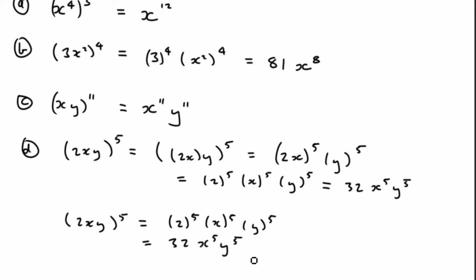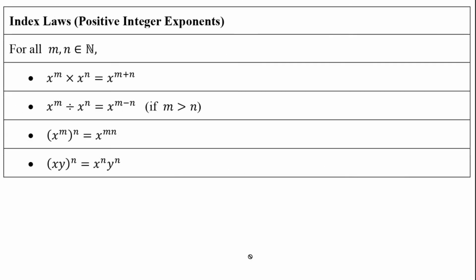This is an example of a rule which can be extended from just 2 terms to many terms. And looking back at the index laws we have developed, this will be true for the first, third and fourth. The second one, because it deals with division, would require a lot more thought and care if we're going to extend that to sequences of divisions, and that would be best done on a case-by-case basis.